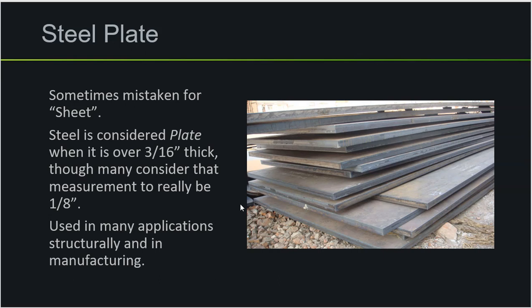I've worked with a lot of welders and fabricators that say plate is anything that's thicker than 1/8 of an inch. In fact, my whole career has been based off of people telling me that plate is anything that's thicker than 1/8 of an inch. So 1/8 of an inch, 3/16 of an inch, around there. If it's thicker than that, it's basically plate steel.